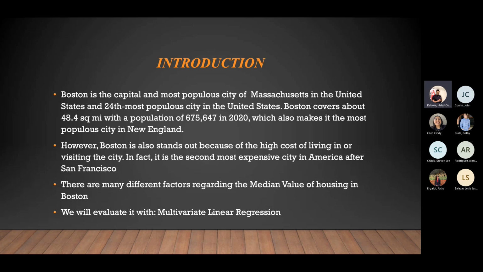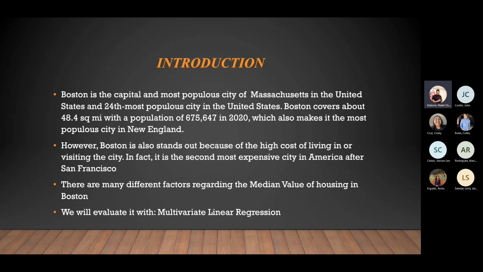All right. So, for the introduction, Boston: we have to know that Boston is the capital and most populous city of Massachusetts in the United States and the 24th most populous city in the United States. Boston covers about 48.4 square miles with a population of 6,075,647 in 2022, which also makes it the most populous city in New England.